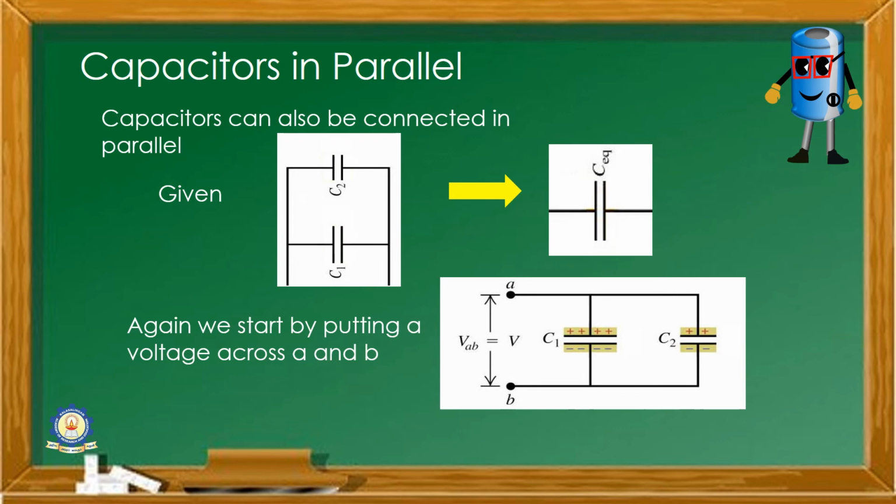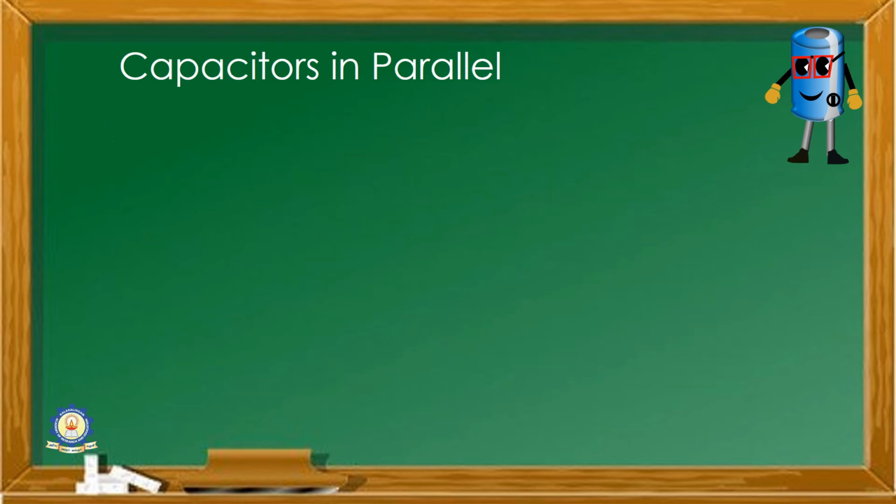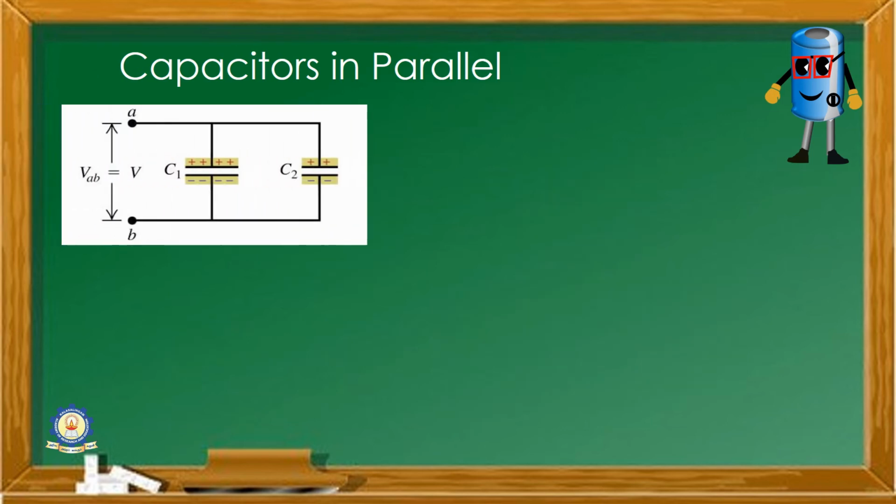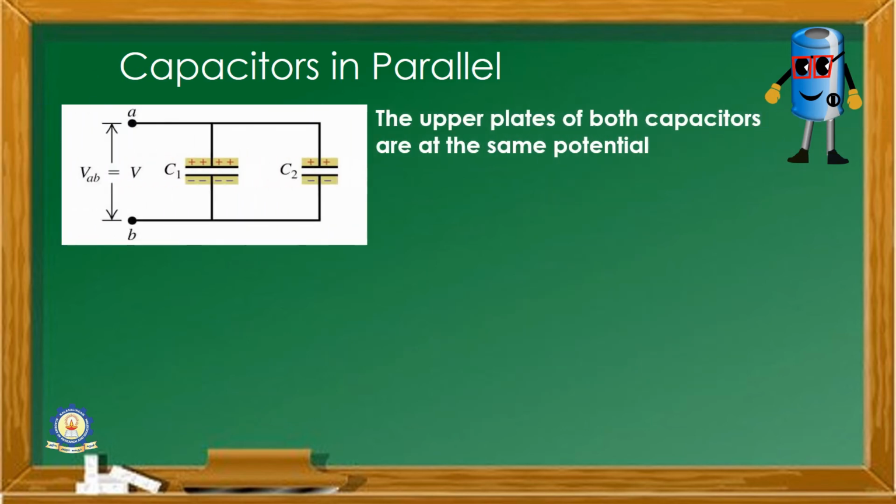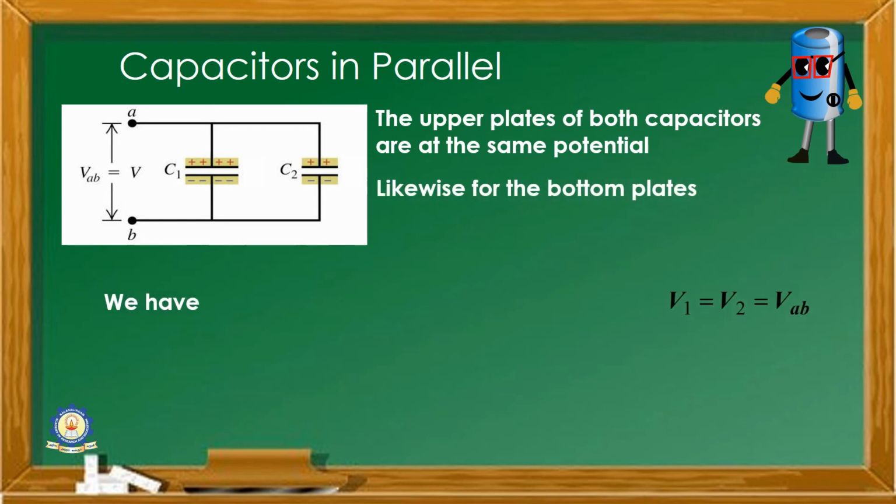Then C1 and C2 are the capacitors that are connected in parallel fashion. For such a situation, the upper plates of both capacitors are at the same potential. Likewise, for the bottom plates, we have V1 is equal to V2 is equal to VAB.